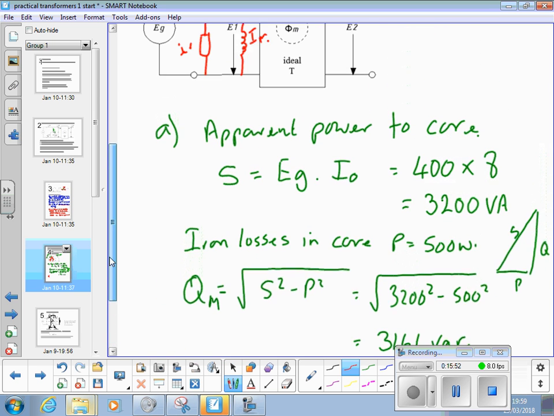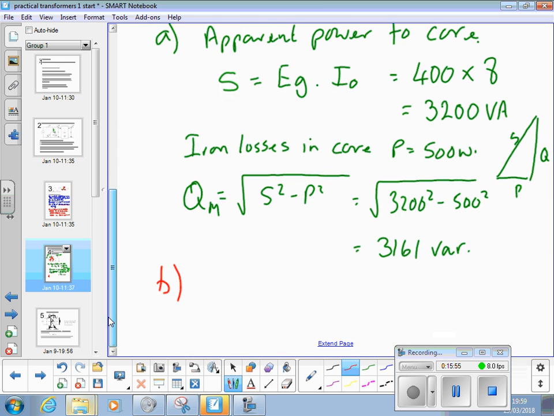What did B say now? So let's find the impedance of iron losses. Can you see a way that we can find RM with the information that we know? Look at the diagram.